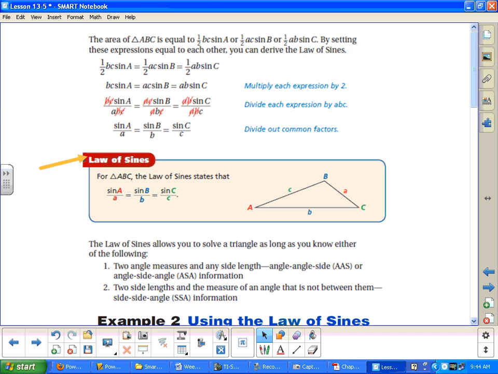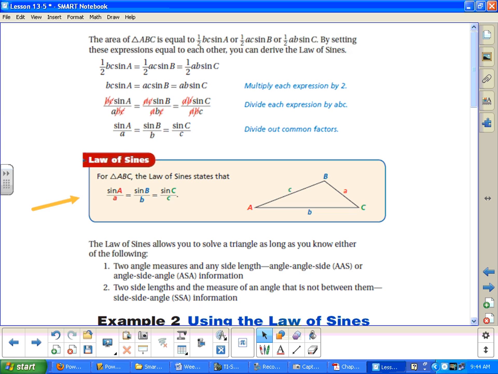And that formula is called the law of sines. Now, the law of sines can be used either way. You can either write it with the angles in the numerator and the side lengths in the denominator, or it can be flipped over and be the reciprocal.